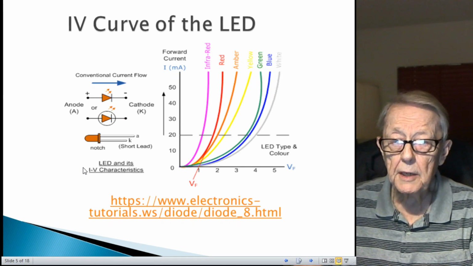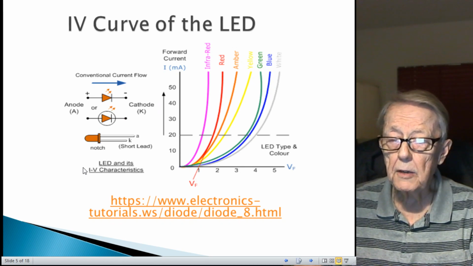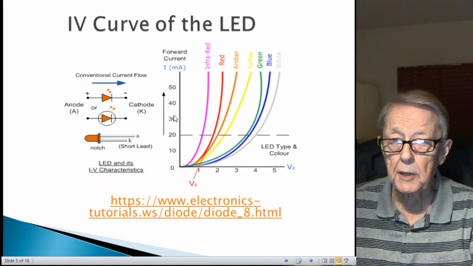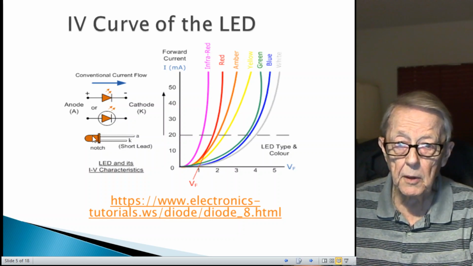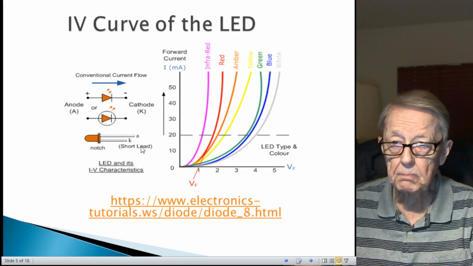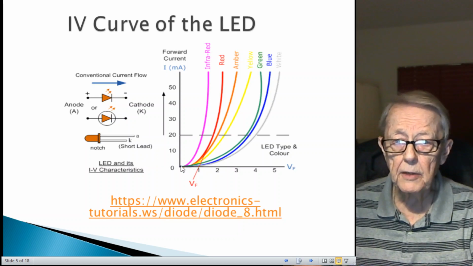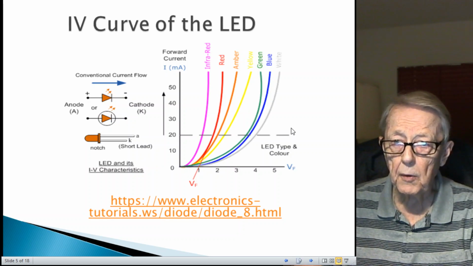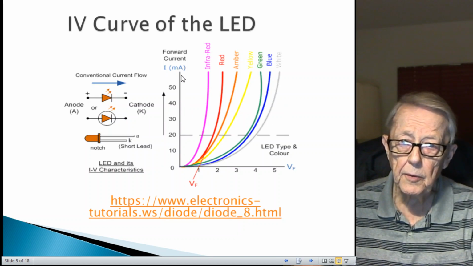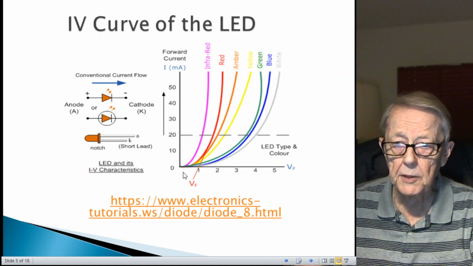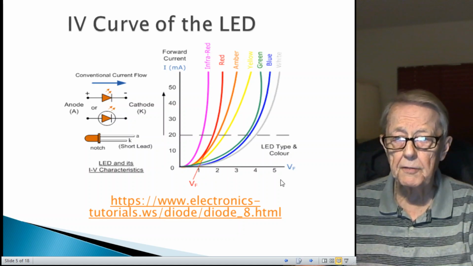I mentioned the IV curve for diodes last time, and this is a typical one. Again, here's the symbol for a diode showing light being emitted. This is a typical way that it's packaged. The IV curve is forward biased, so it uses this first range here, where the current is in the range of 20 to 50 milliamps and the voltage from 1 to 5.